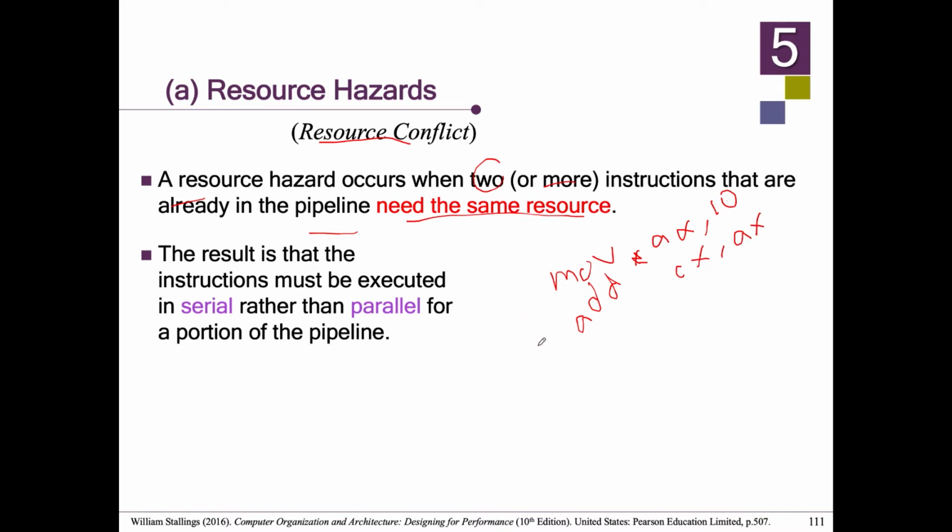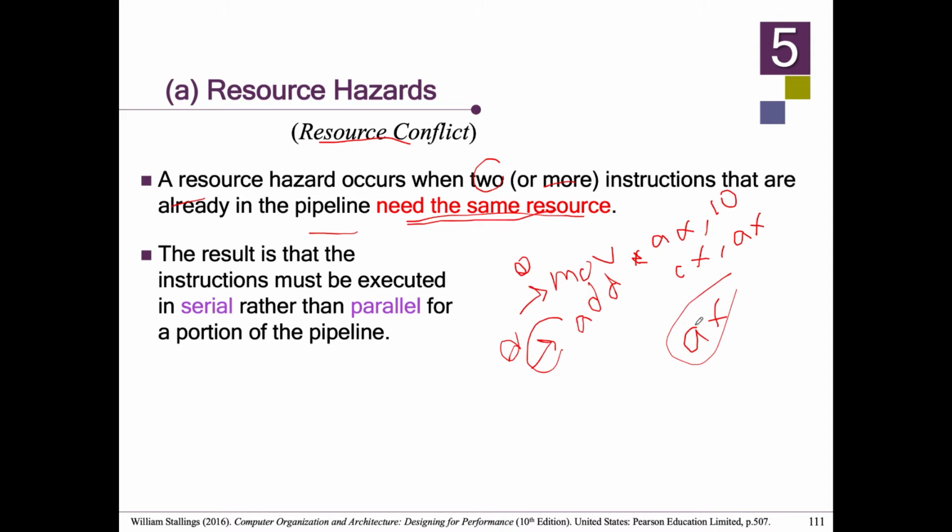By the way, if you can see, maybe this one needs a similar resource to the move instruction over here, instruction 1 and instruction 2, and they need the same resources because it requires the register AX.